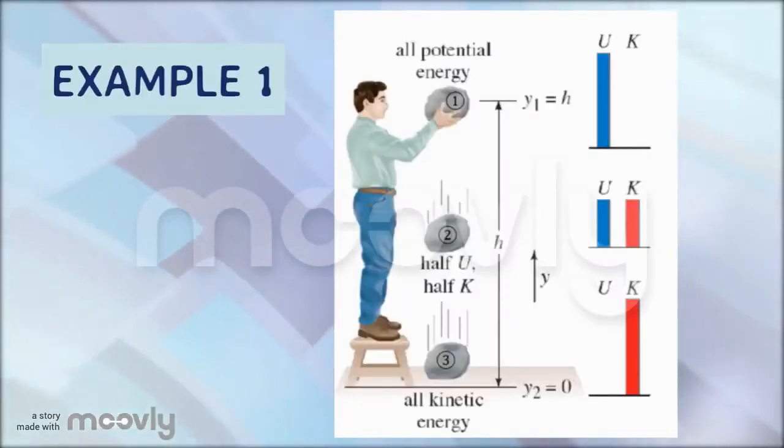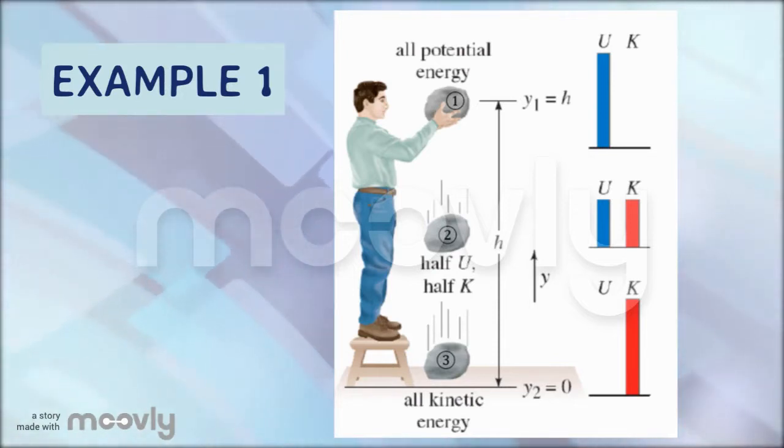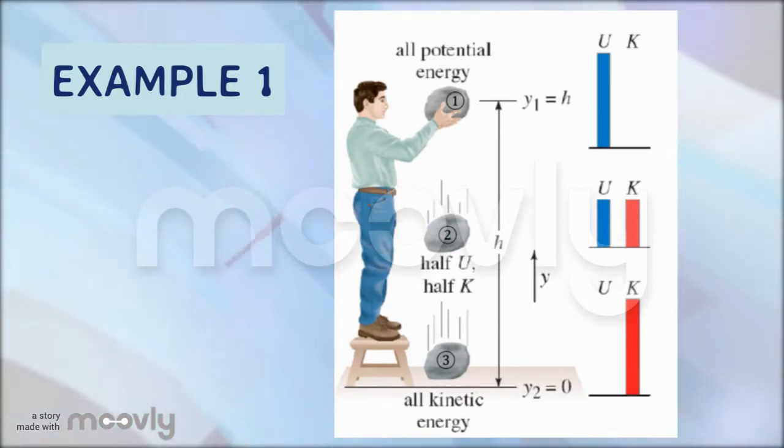For example, if a boy drops a ball to the floor, at the first position there is only potential energy, the gravitational potential energy, because there is no movement. In the middle, there is half potential energy and half kinetic energy. And at the final position, number 3, just before it hits the ground, there is only kinetic energy, while the potential energy is 0 because the height is 0.